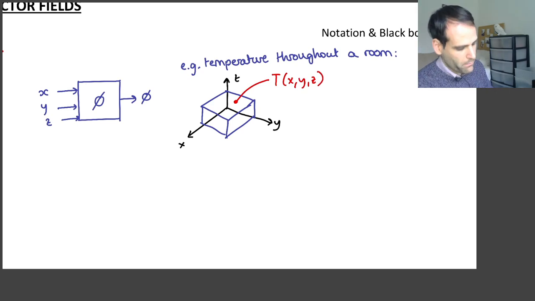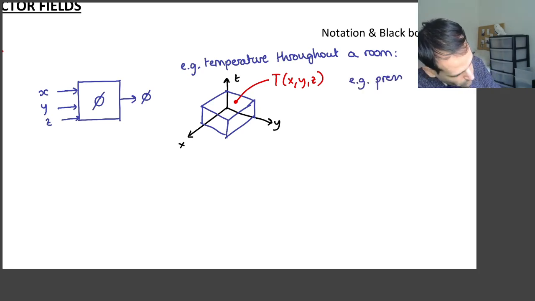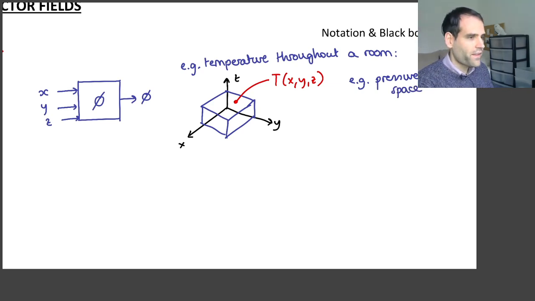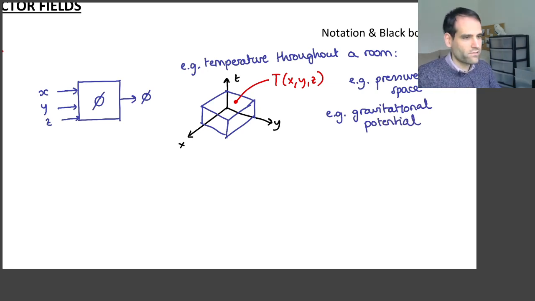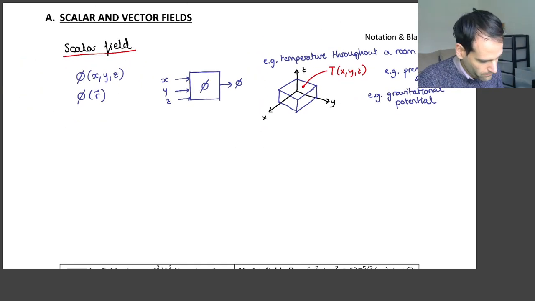And the temperature is a scalar quantity, right? So therefore, this is a scalar field. Other examples might be the pressure in a room, or in space in general. And another example could be the gravitational potential, which is also a scalar. So these are all examples of scalar fields.